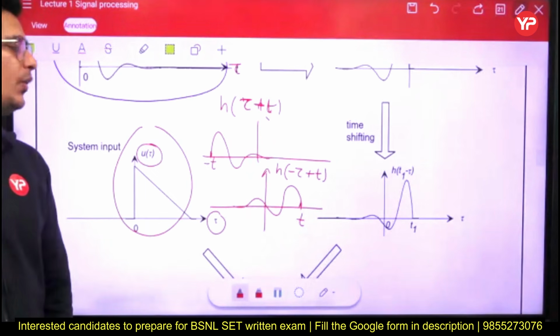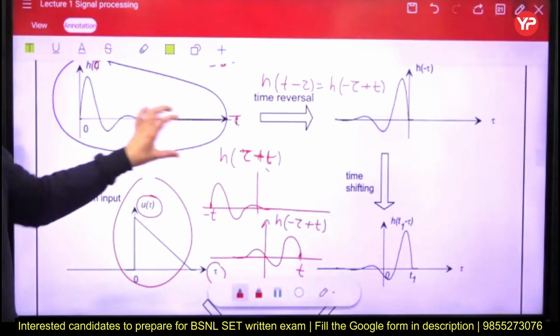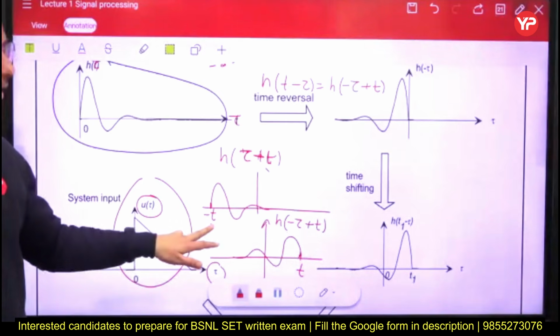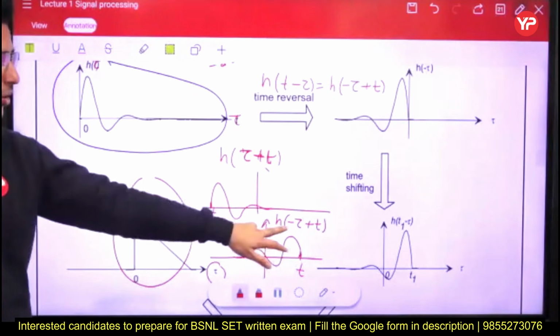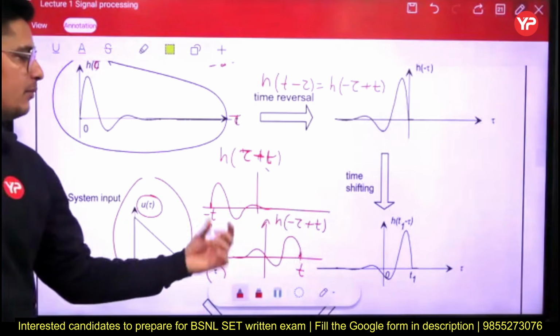First we do the shifting. We take the h of tau graph and shift it towards the left by t units. After that, because we want the graph of h of minus tau plus t, we do the time reversal.